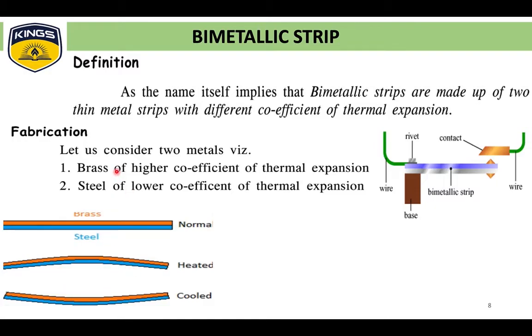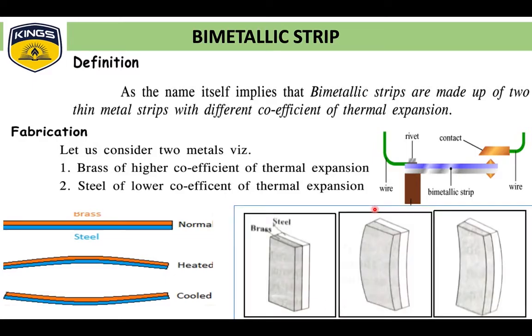Because brass has a higher coefficient. Next, coming to cooling, when we cool, it bends in this direction because of the lower coefficient of thermal expansion. This is the experiment as well as the utilization in many day-to-day life activities.